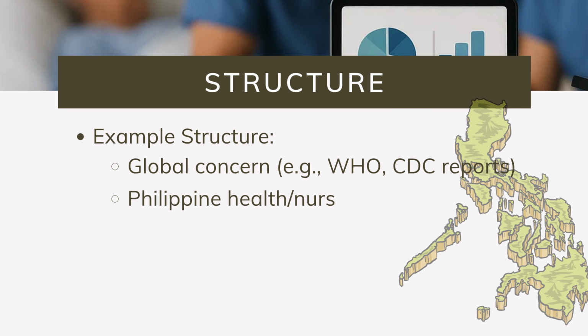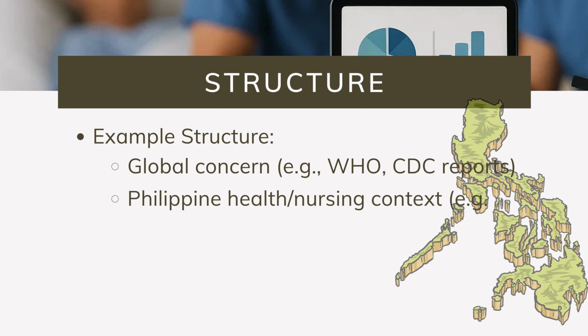Next, check on the national context. You can refer to the Department of Health in the Philippines and what it is doing to address infection control. Maybe through new guidelines or trainings or programs and services. But are these effective? Is there data showing compliance?